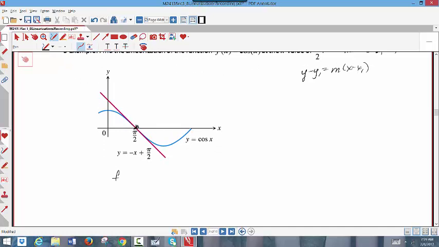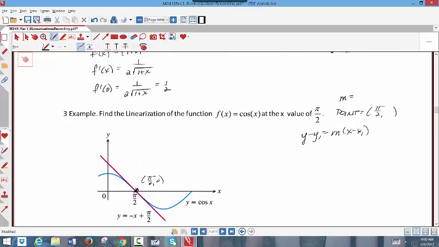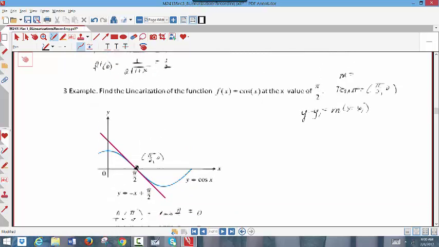So if I want to take f of pi halves, this would be cosine of pi halves. Oh, cosine of pi halves, sorry about that. Cosine of pi halves is not 1. Cosine of pi halves is 0. So this is the point pi halves 0. That's the point of tangency, so this is the point pi halves 0 up here.